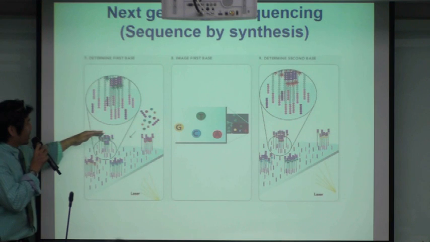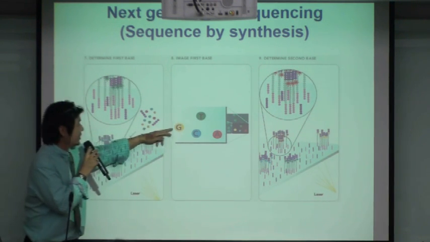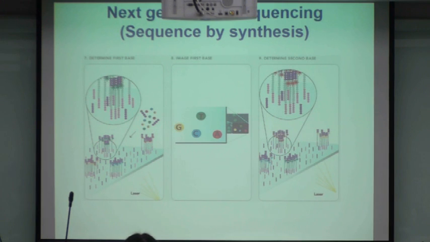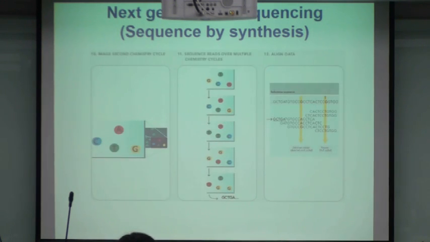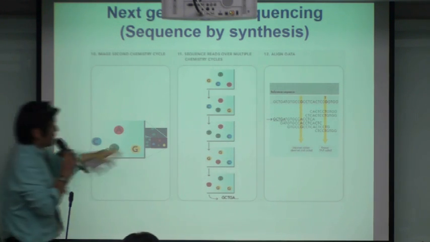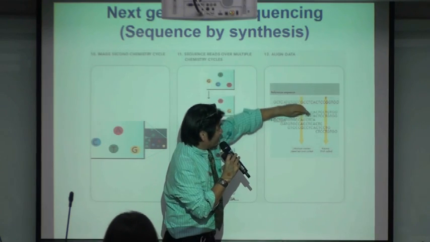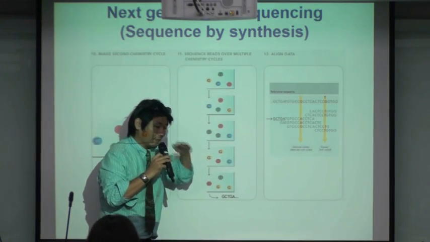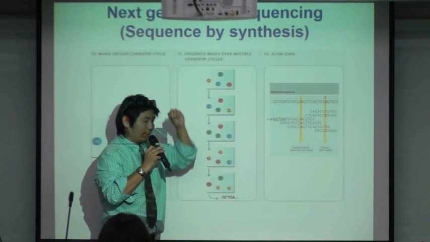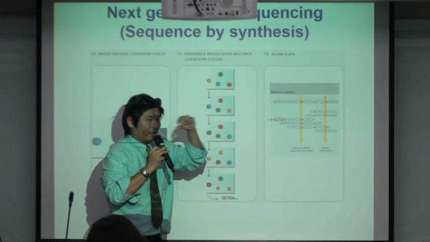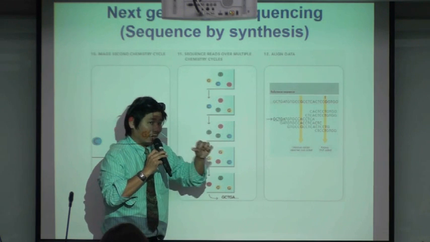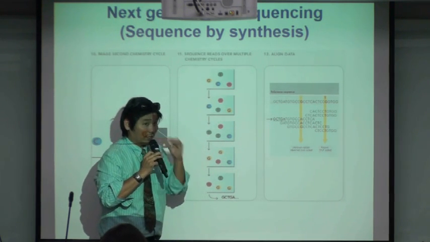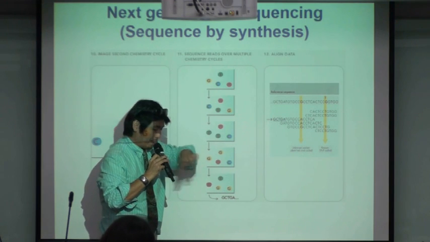With every single amplification you capture the sequence, and once you get the information of the sequence of interest, you can align it with the reference sequence of the genome. As you can see here, for the short sequence you capture at every single step, you get the information of A, T, C, G at each spot on the filtering part.